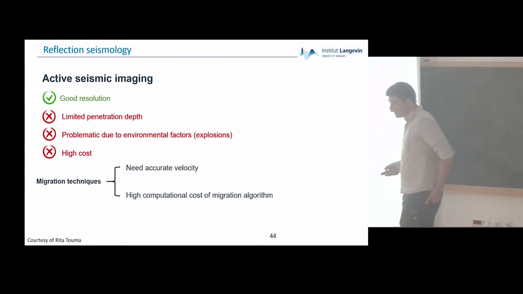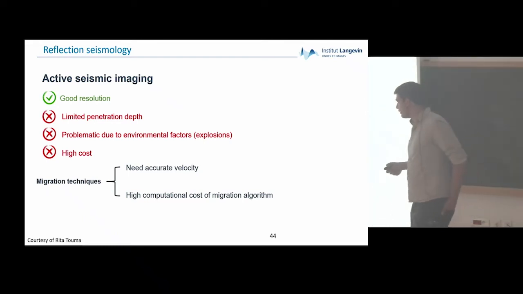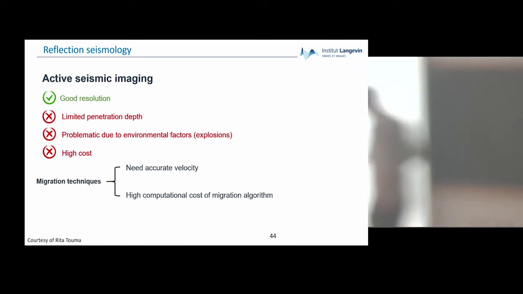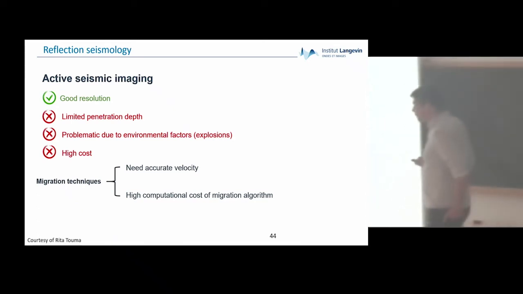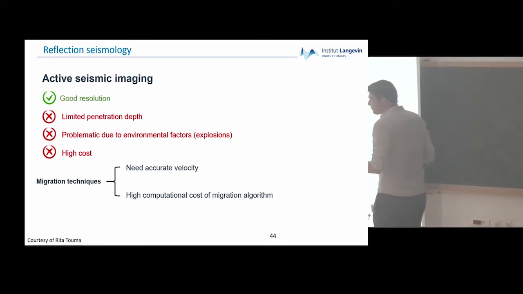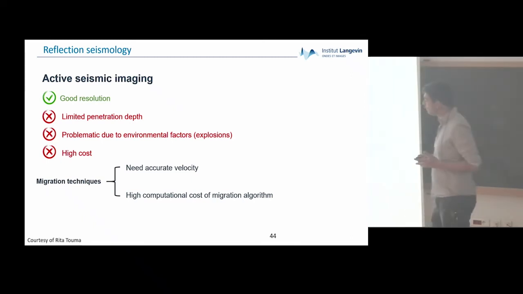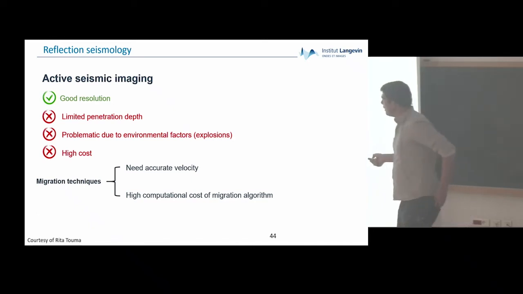And of course, you need a high computational effort to make your migration algorithm work and converge towards a good solution. So you have a lot of computation to be done. And the reflection matrix analysis I showed you in the first part is really more flexible, and in terms of computation, it's not so heavy. Okay. So you have these problems in active seismic imaging.